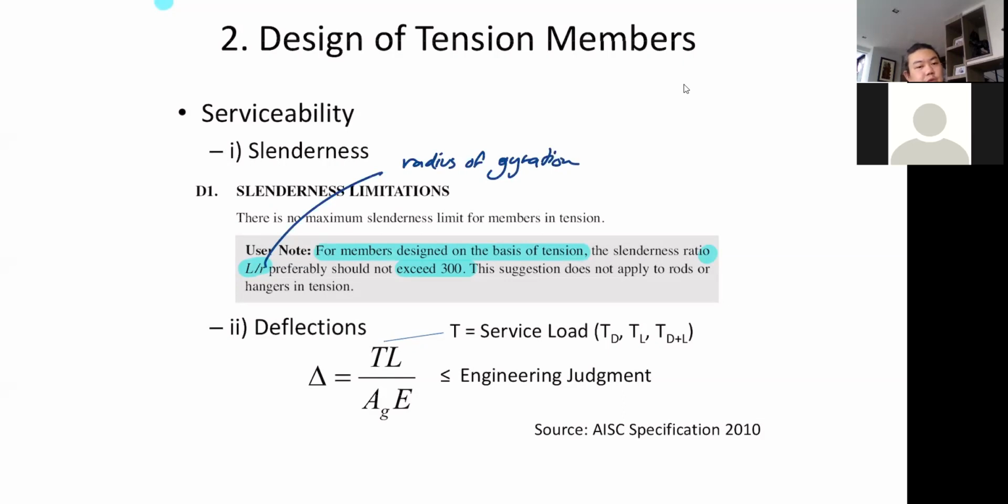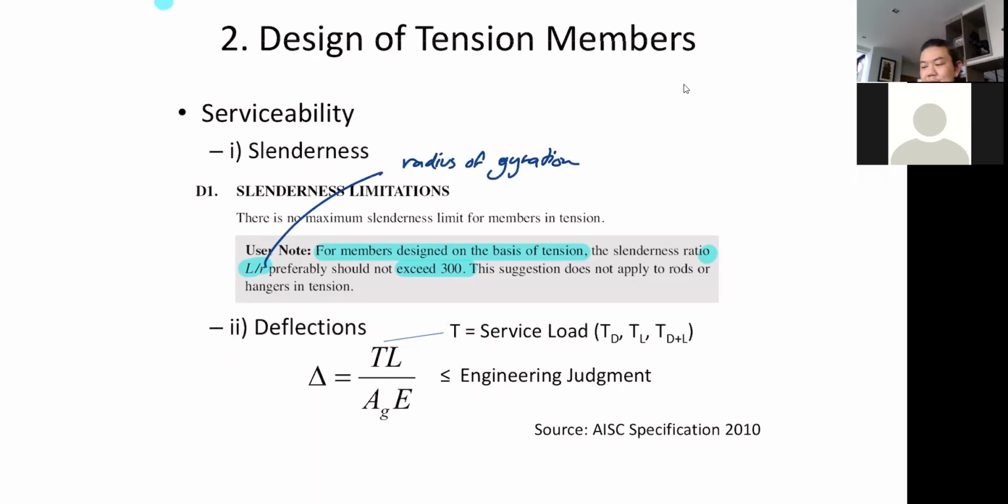If it becomes too slender, if your L over r exceeds 300, the transportation will become very, very troublesome. It's like nobody can handle it. When you put it on the crane trying to lift it, it's just gonna wobble. So this is the limit of usability for handling and transportation.